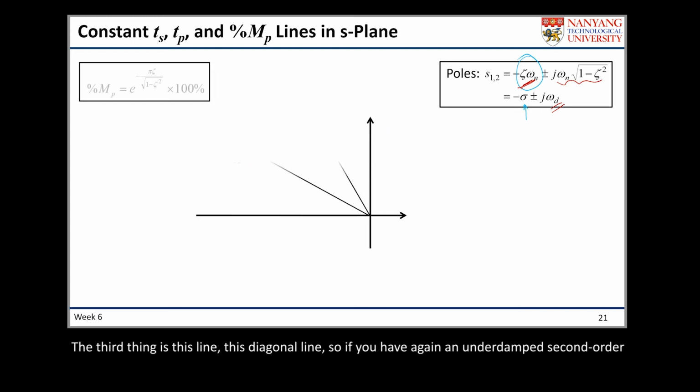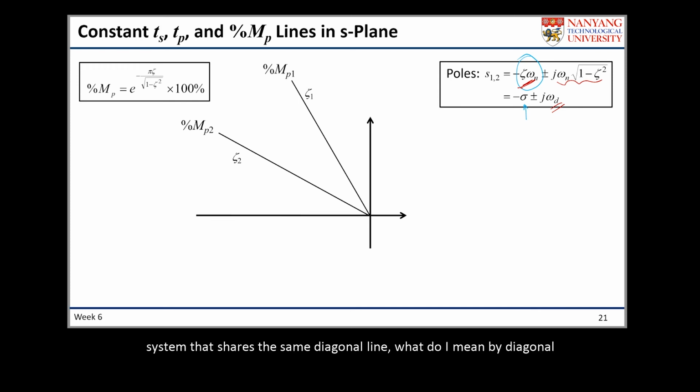The third thing is this diagonal line. By diagonal line here I mean the line from the poles to the origin of the S-plane. If you have underdamped second order systems that share the same diagonal line, you will have systems with the same maximum overshoot.